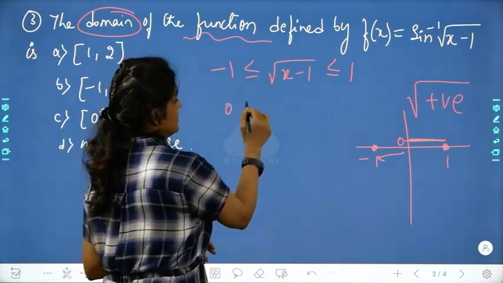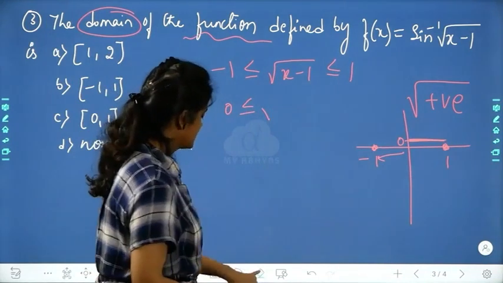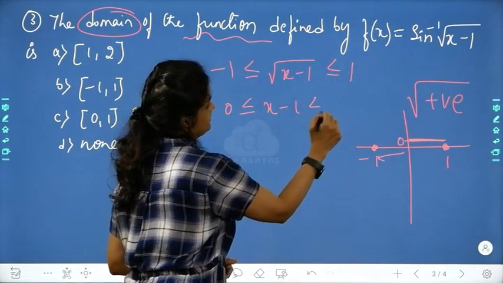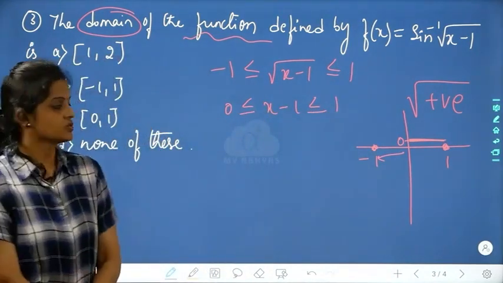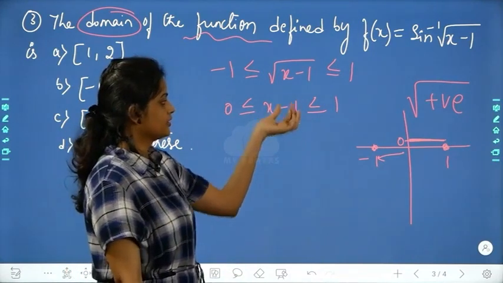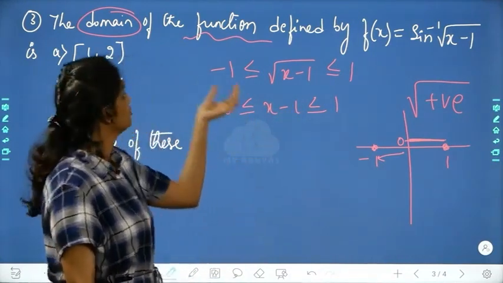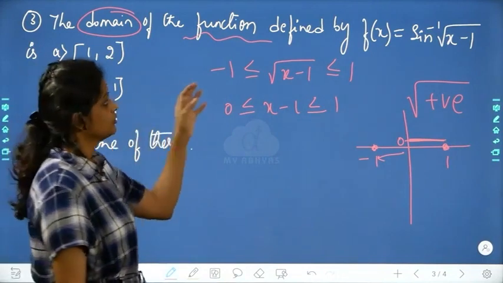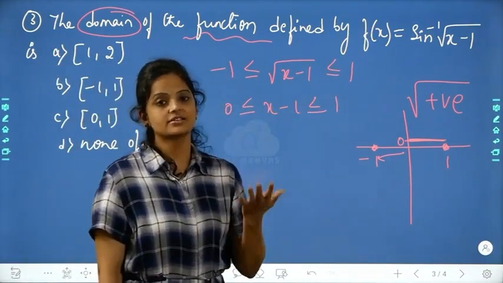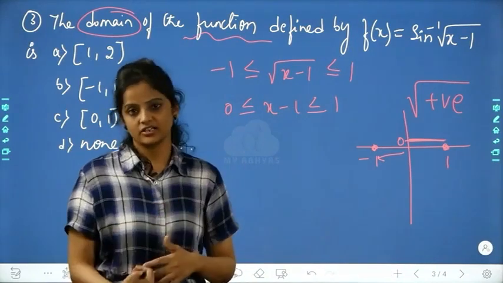So easily I can write that whatever is under this root has to be positive, so it has to lie between 0 and 1. Now I want to know the domain of the function. Domain means what value of x I can give. Giving is a domain; what you get is a range, correct?